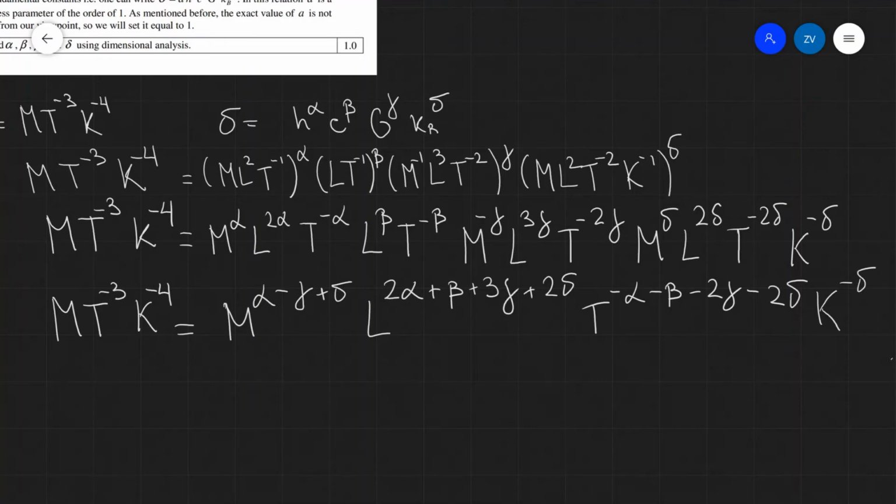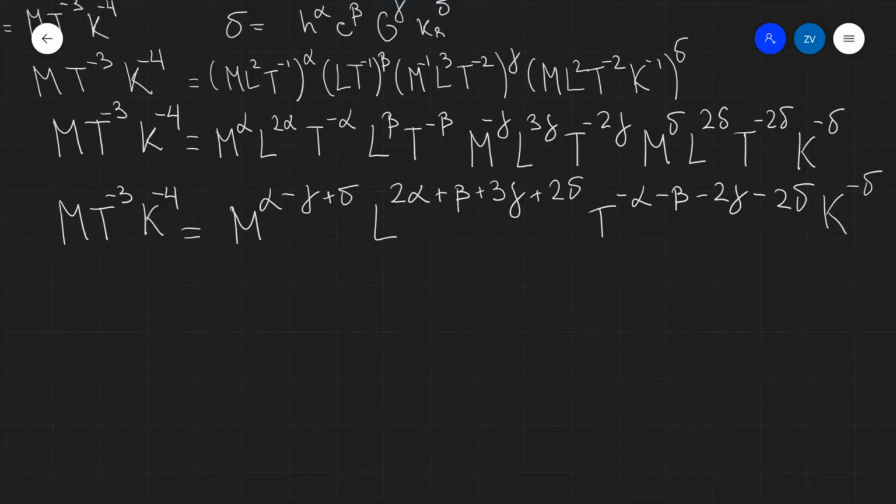Well, let's do this. Let's write down our system of 4 simultaneous equations, starting with m. Alpha minus gamma plus sigma will have to equal 1.